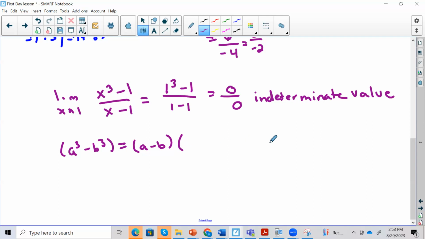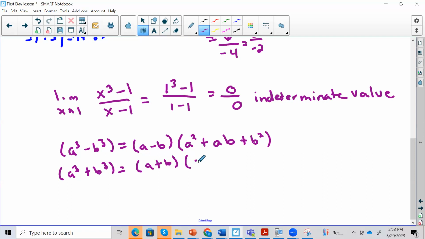And then the second factor you find by doing a squared, and then plus, it's always the opposite sign of the first one, a times b, and then plus b squared. Okay. And just in case, if you ever have a cubed plus b cubed, it's very similar, just opposite signs. So it's a plus b, a squared minus ab plus b squared.